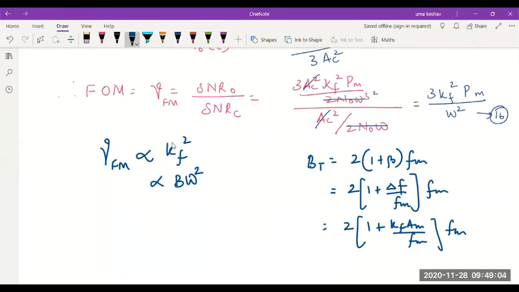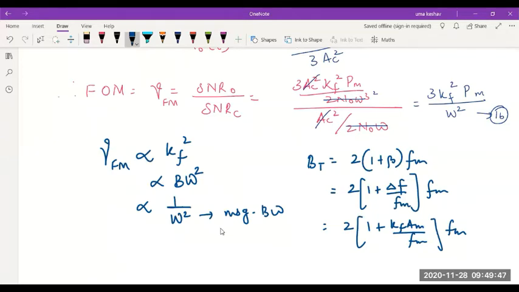Since it is directly proportional to KF square and KF is part of the bandwidth determining equation, the figure of merit is directly proportional to the square of bandwidth. The higher the bandwidth you give for an FM signal, the better will be its reception quality or figure of merit, and it is inversely proportional to the square of the message bandwidth.